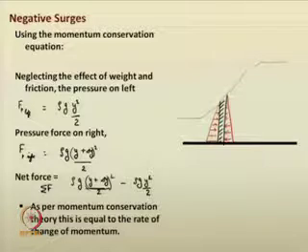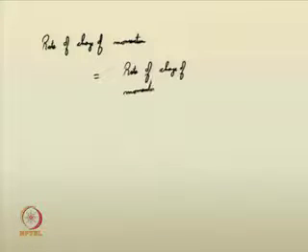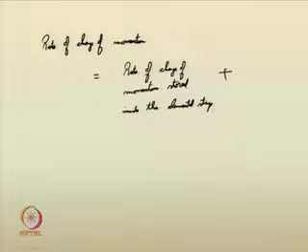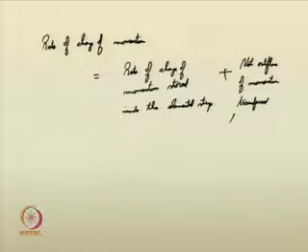So as per the momentum conservation theory, the net force is equal to the rate of change of momentum stored inside the elemental strip plus the net outflux of momentum transferred through the control surfaces of that elemental strip.